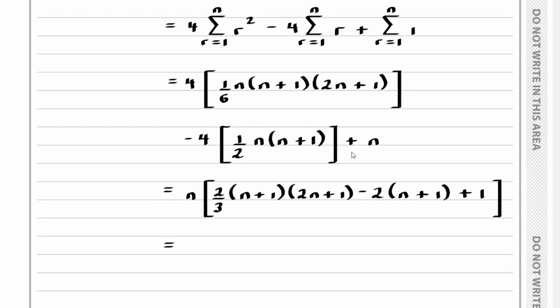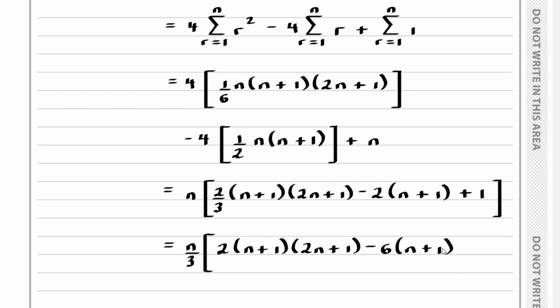Simplifying further, I've got n over 3, because I'm pulling out a third. So I've got 2 multiplied by (n plus 1) times (2n plus 1). Then I subtract 6, because 6 times a third is 2, multiplied by (n plus 1). And then I add on 3, because 3 times a third is the 1.